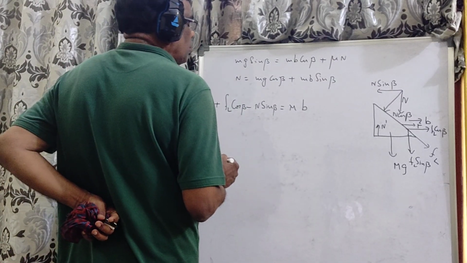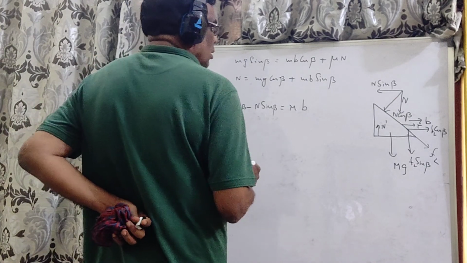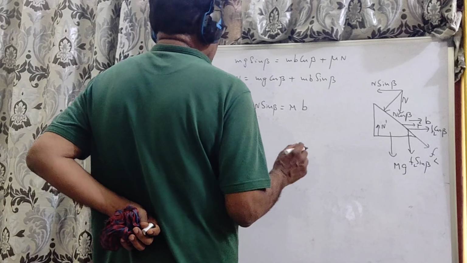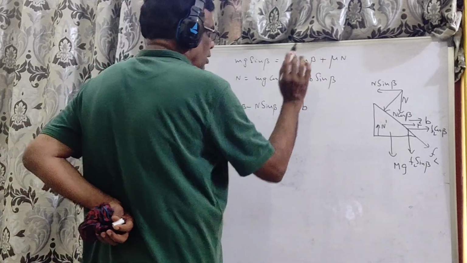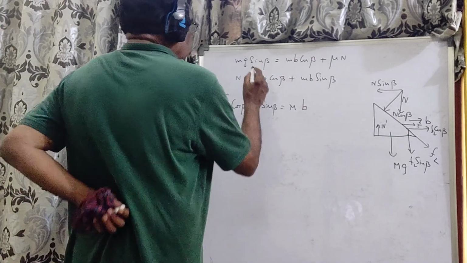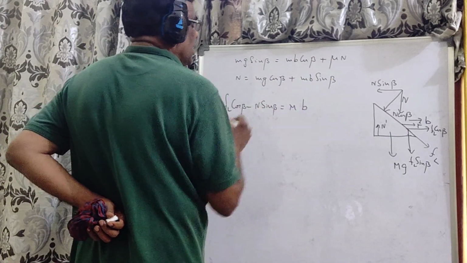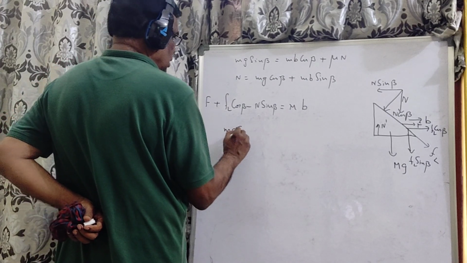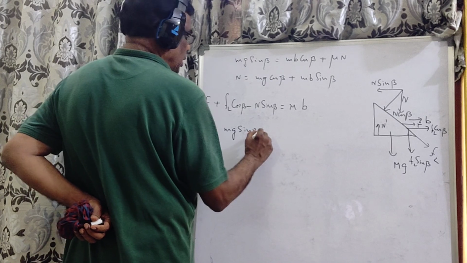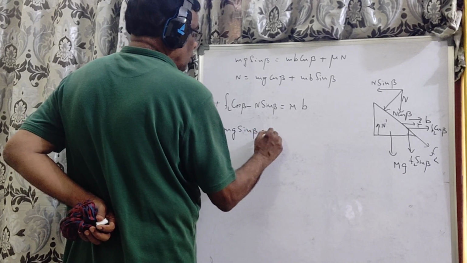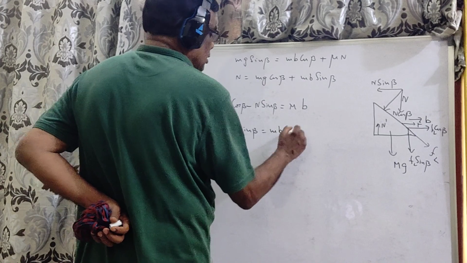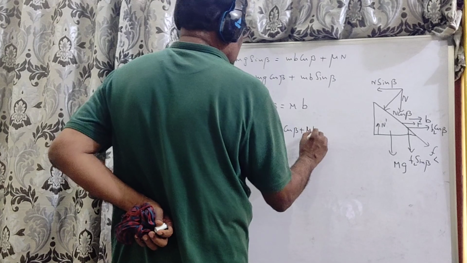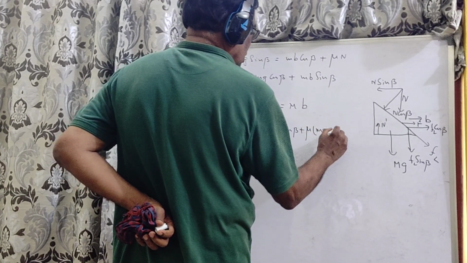Now, okay. So AR is 0, therefore I have taken everything. Now you substitute. Supposing if I substitute N in this, let us see what do I get. Mg sin beta is equal to Mb cos beta plus mu into all this, Mg cos beta.